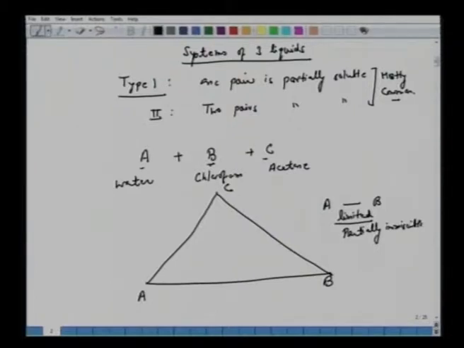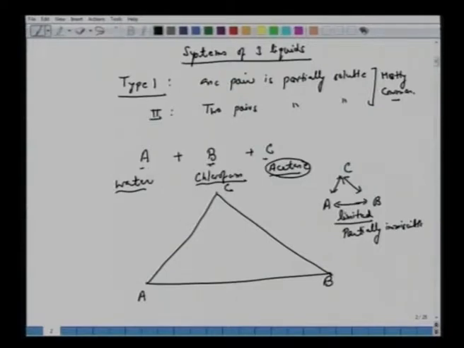Now everything is relative here. So let's try to understand that water and chloroform are partially immiscible. But C, which is acetone, is completely miscible in A, and C is also completely miscible in B. Which is true: acetone and water, maybe under certain conditions, are completely miscible. Acetone is also completely miscible in chloroform.